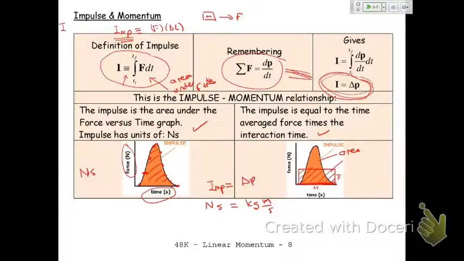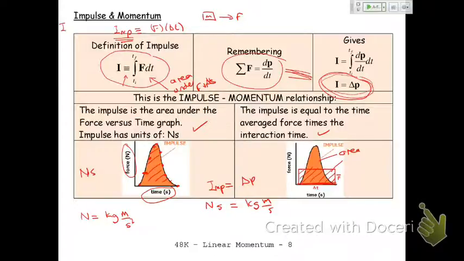But they also have to dimensionally equal each other, which means their units on a fundamental basis have to be the same thing. And if I look, newtons and seconds don't, at first glance, seem to match kilogram meters per second. But if we think back, a newton is, well, ma. It's kilogram meter per second squared, because kilogram is m and meter per second squared is a.